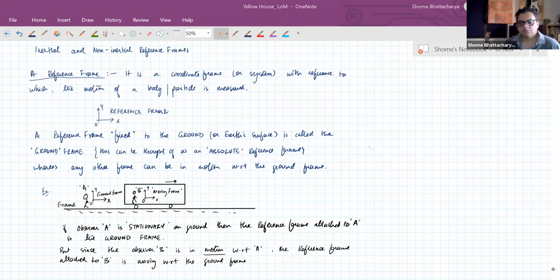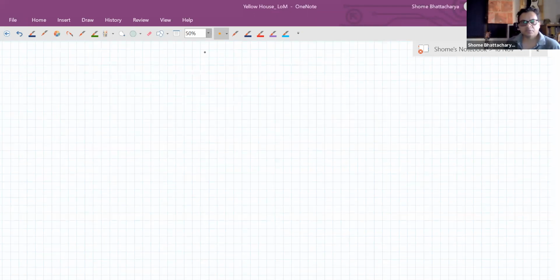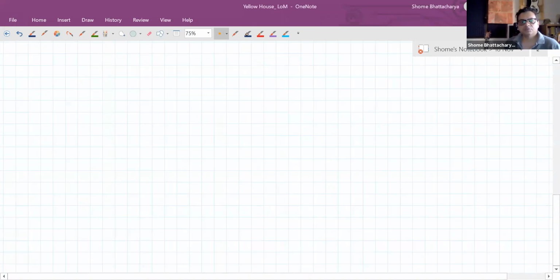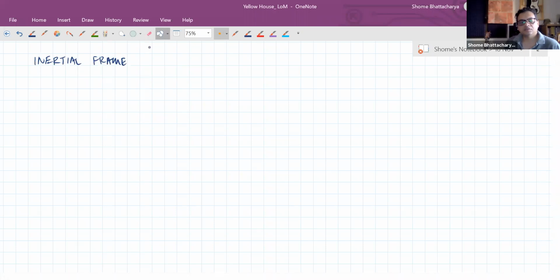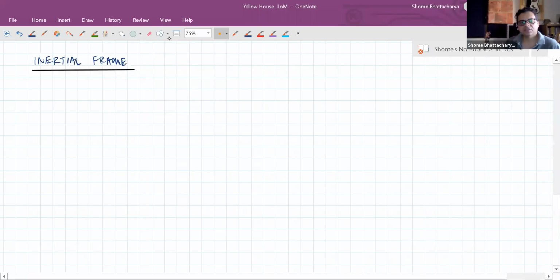Okay, so now the most important definition: what is an inertial frame versus what is a non-inertial frame? So listen to this portion very carefully. An inertial frame is one which is either fixed with respect to ground, that is, it is the ground frame itself, or it is moving, but it is moving without acceleration, that is, it is moving with uniform velocity with respect to ground.